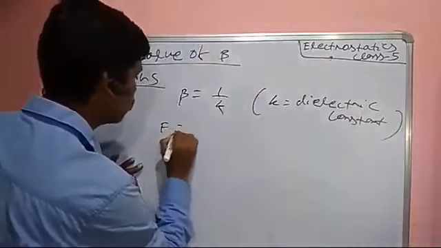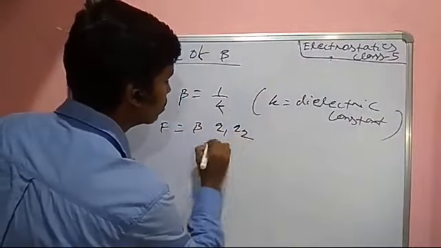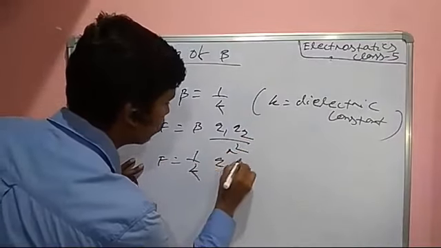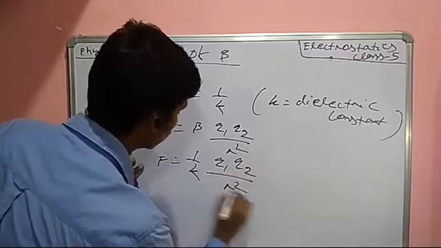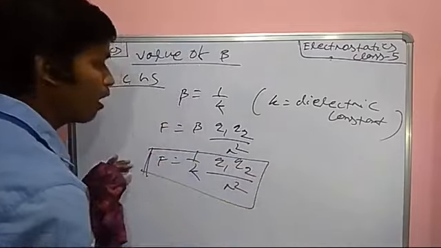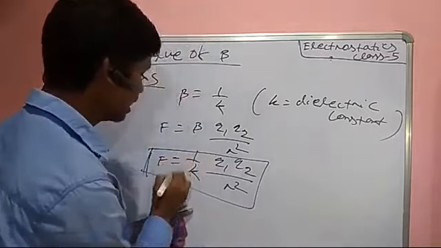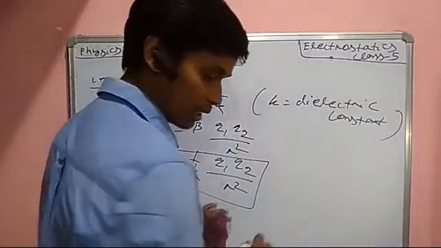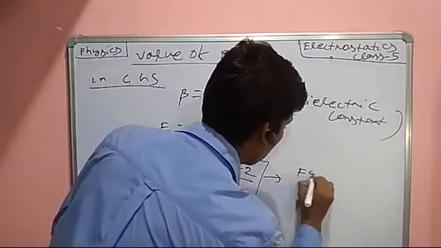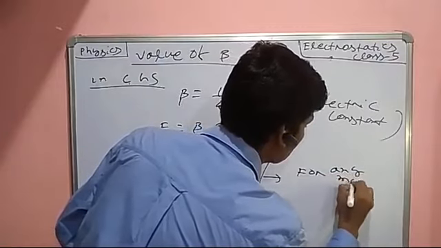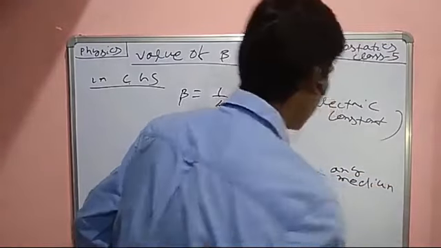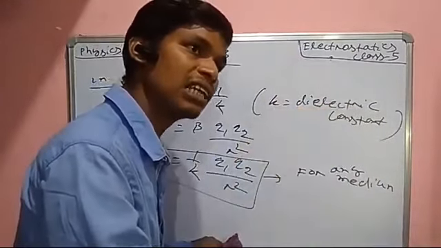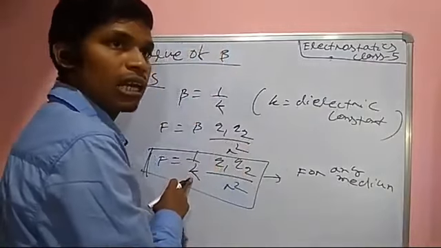So F is equal to beta q1 q2 by r square, so F is equal to 1 by k q1 q2 by r square. That is the force between two charges at distance r, for any medium. Whenever air is present between the two charges, the k value is for air medium.